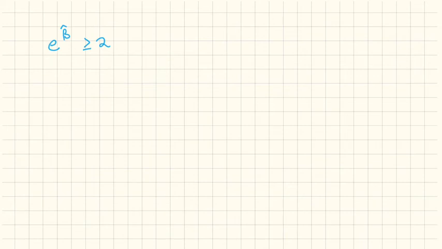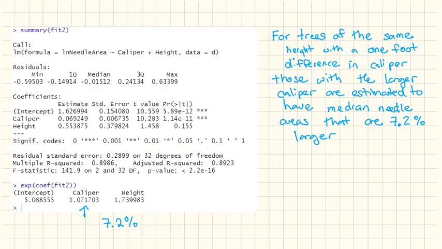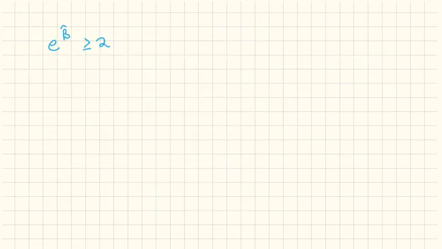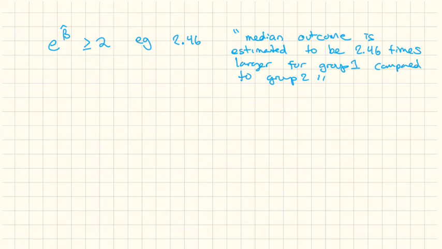If you don't have something that is 1 point something times bigger, as with caliper and height here where the effects are between 1 and 2, and we go over 2, it sounds weird to say a 200% increase or a 327% increase. If it was like that, I might instead say that one group had a median which was 2.46 times larger.